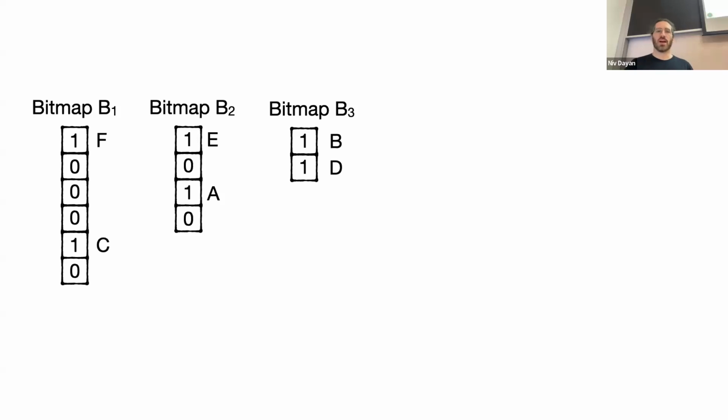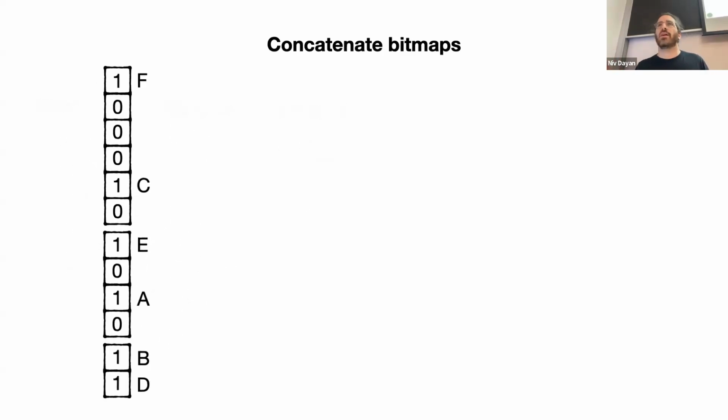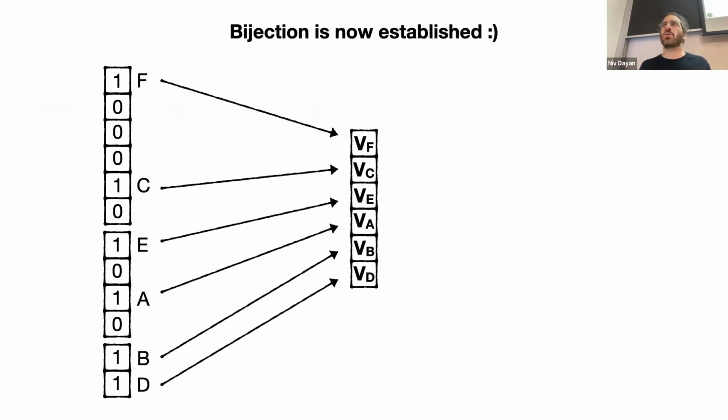Okay, so let's see how to do that. First of all, this is not even conceptual. This is actually how the algorithm works. We're going to concatenate the bitmaps. And now we're going to define the bijection as follows. This is the array that stores some payload for each key.